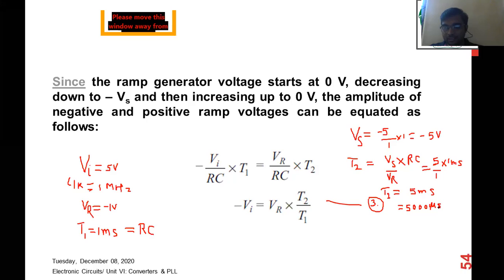What it means is that the 4-digit decade counter value is 5,000, and by activating the decimal point of the 7-segment display, the display would directly read 5 volt. So the display shows 5 volt and the counter value is 5,000. In this way, analog to digital conversion is performed with a dual slope A to D converter.